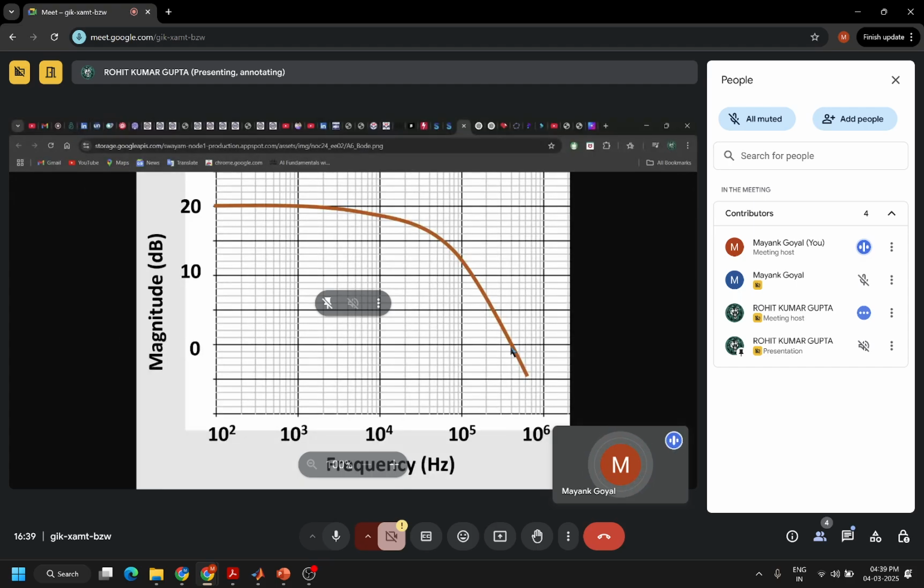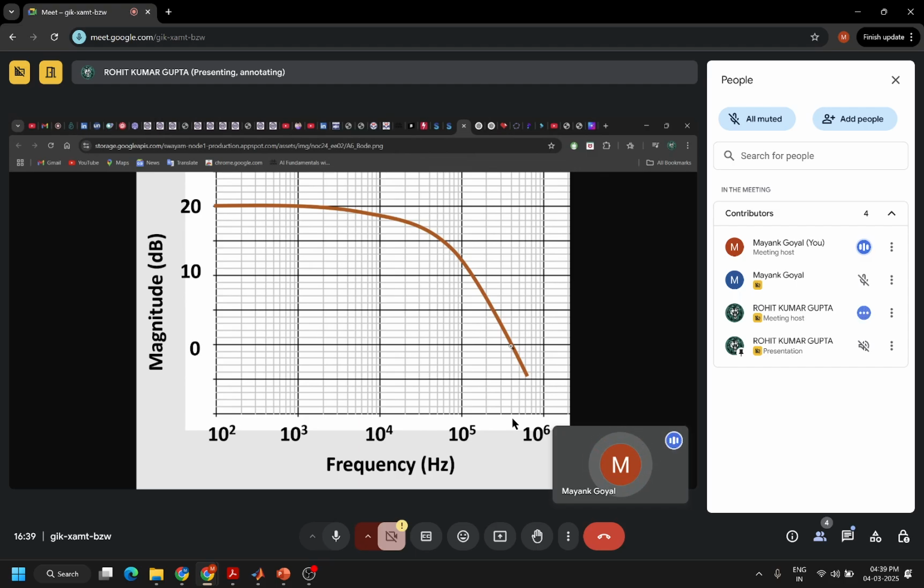Your 0 point and like it matches with, how can I show you, if you see after 10 to the power 5, you can see the lines going here. Yes, sir.